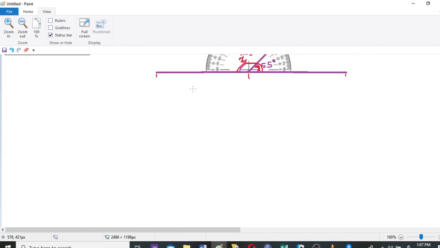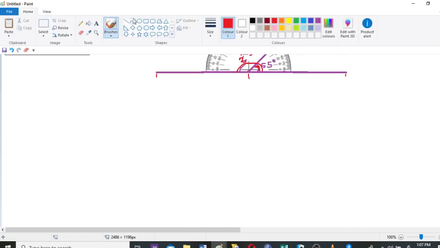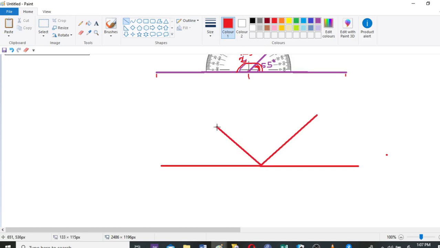This time let's say in this question here we've been given this, then we want to calculate the size of this angle here. Suppose this angle we have not been given.